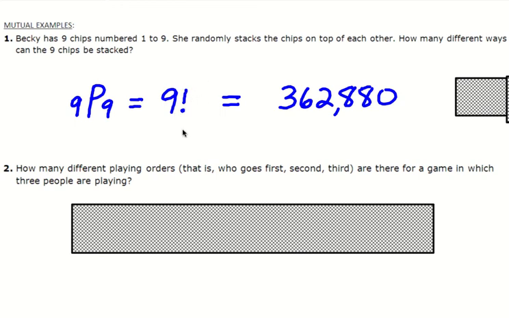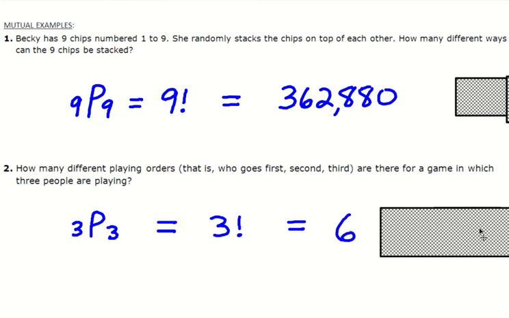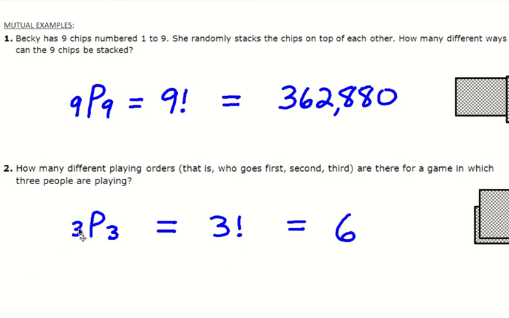Remember, there is a very strong connection between the permutation formula and scenario and the counting principle. Either way, you're going to get that number. How many different playing orders are there for a game in which 3 people are playing? Once again, it could be 3P3 or 3 factorial equals 6.